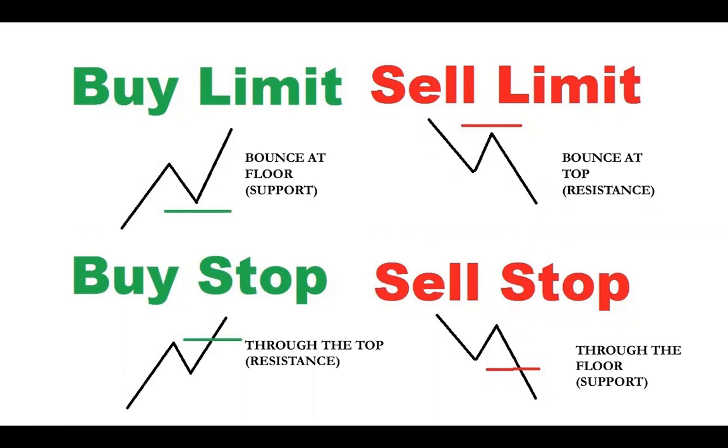So how do people make money by buying or selling in the market? In this structure you can see buy limit and sell limit. What do we mean by that? I will show you in the next slide.